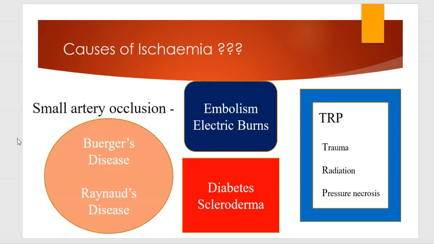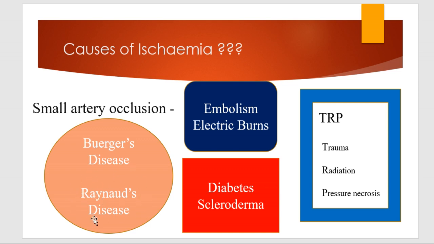Similarly, there are various causes of ischemia for small artery occlusion. In small artery occlusion, we are having four different boxes here, just in order to make things easy to memorize. So in this oval shape, just remember Buerger's disease and Raynaud's disease.